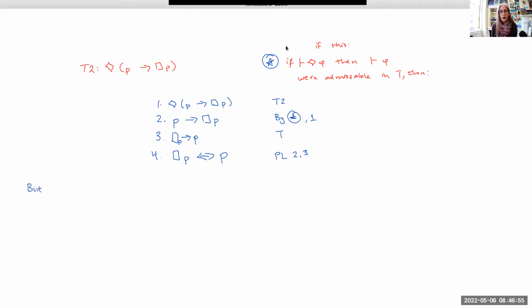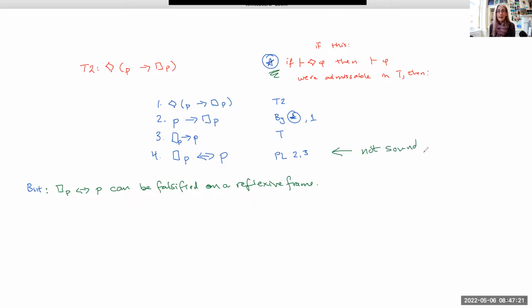But what we will show using semantic methods is that this can be falsified on a reflexive frame. And that means that if we had this rule, we would be able to prove something that isn't sound.